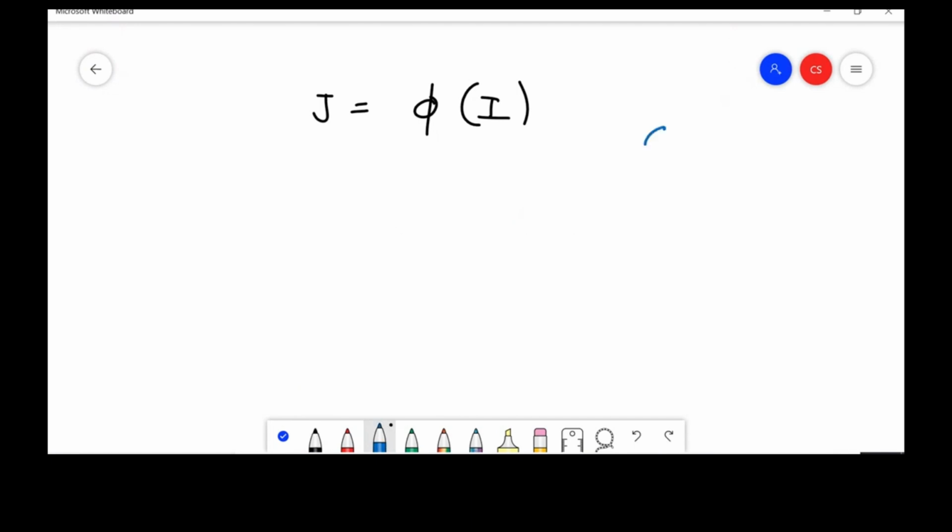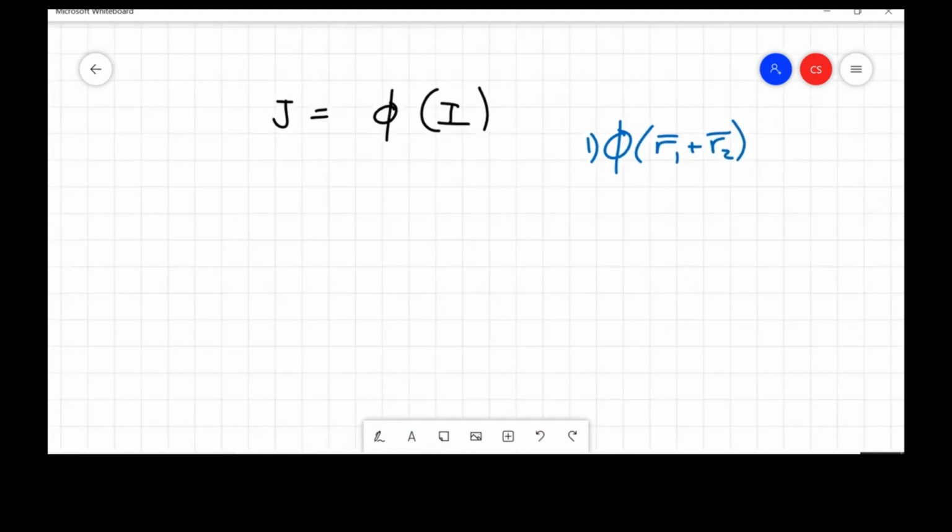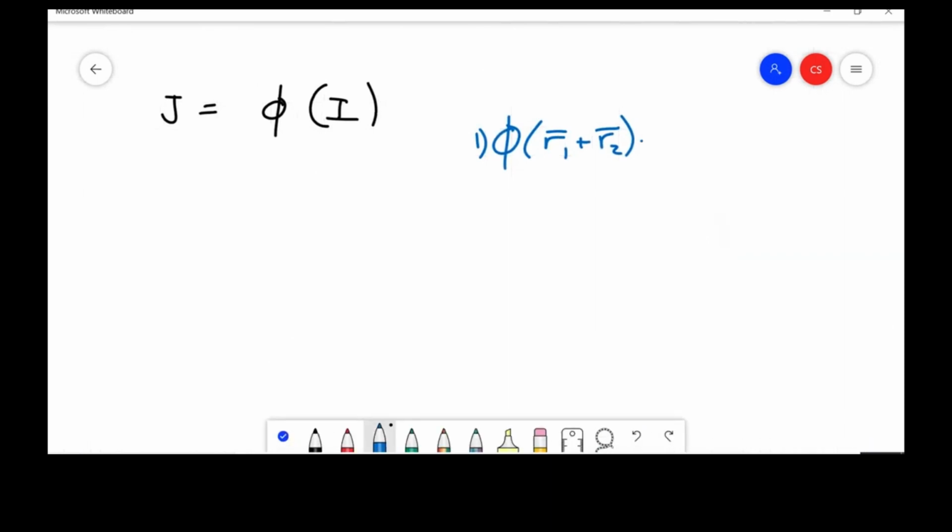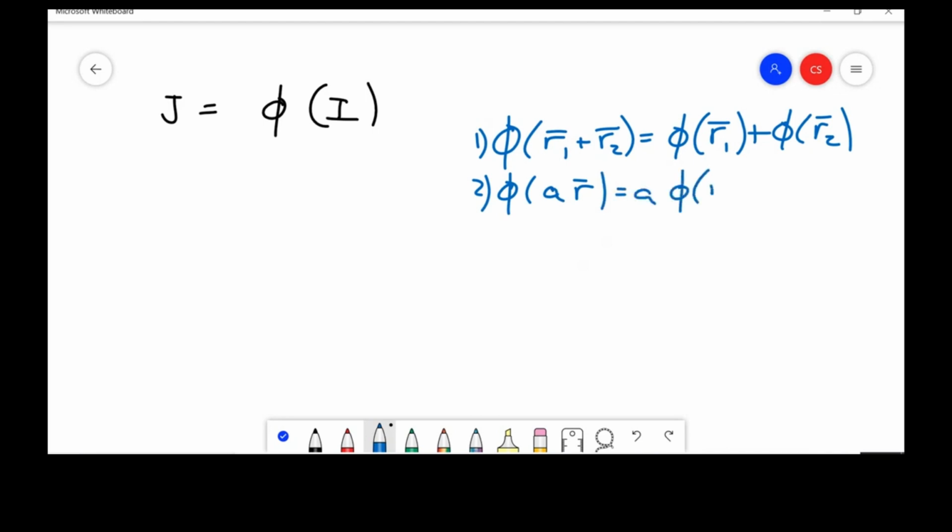A transformation phi is linear if it fulfills the following two properties. The first one is that if you take a couple of vectors R1 and R2 and apply the transformation to them, what you have is the sum of the transformed vectors. The other one is that if you take a vector and you scale it, then the output should be scaled by the same factor. We had a couple of propositions there.